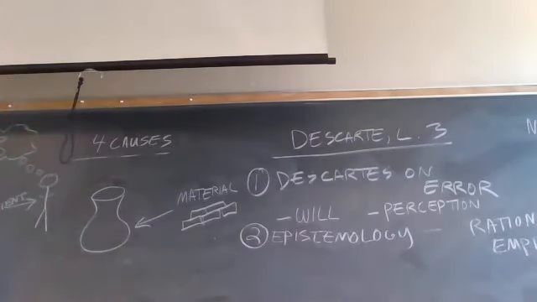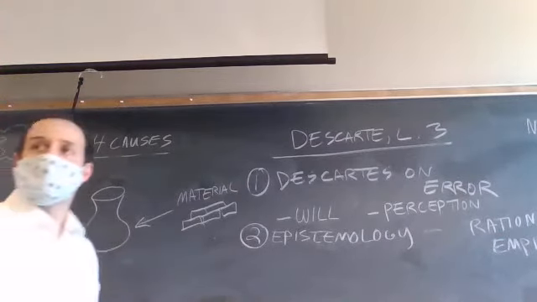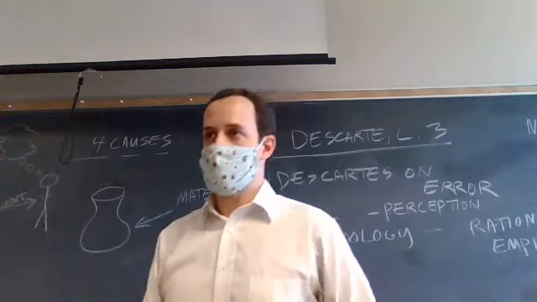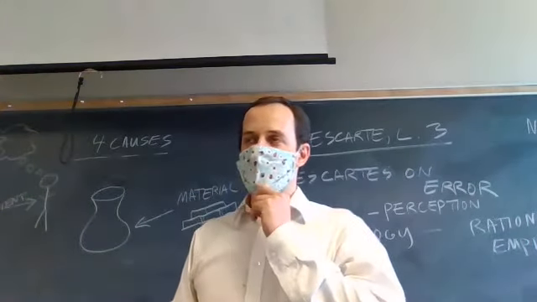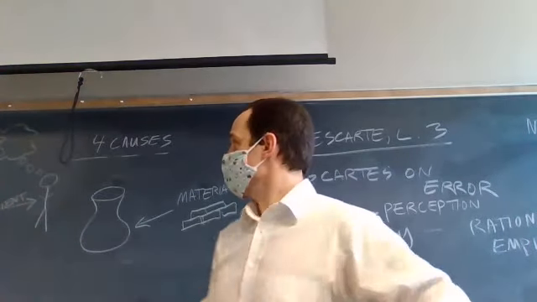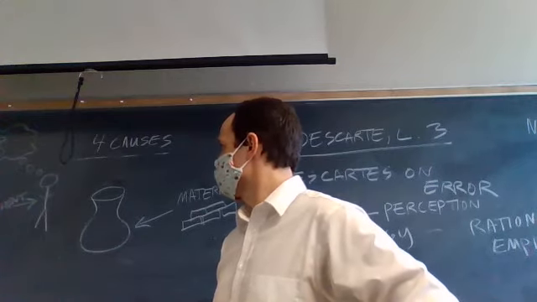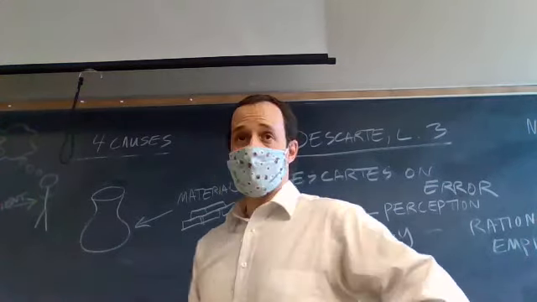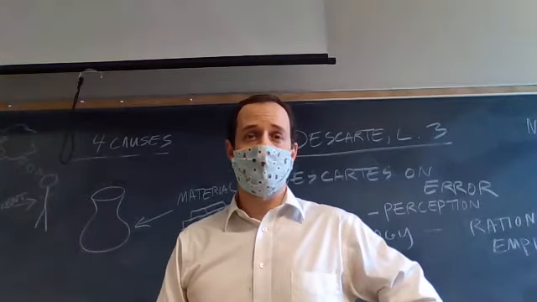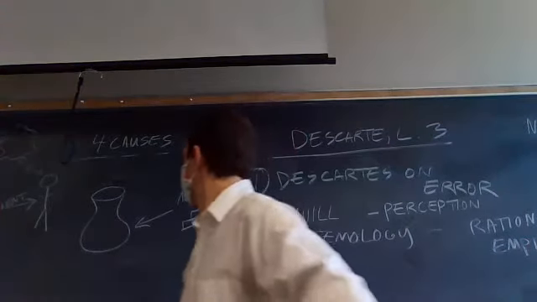Where the form of the pot is just the core idea that enables the potter to conceive of that which ultimately becomes the pot. And for Aristotle, you can't explain the existence of the pot without referencing all three of these causes. But there's also a fourth cause that Aristotle thinks explains the existence of the pot.